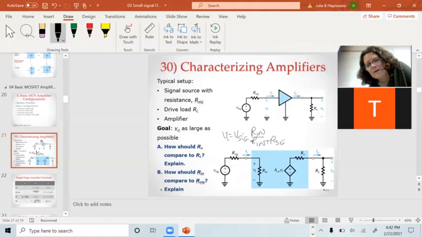We have to make Rn big. If Rn's much bigger than R sig, then Vn equals V sig. And that's the best we can do, is get a voltage transfer efficiency of 1 right there. So I want to make Rn as big as I possibly can because of the laws of voltage divider rules.